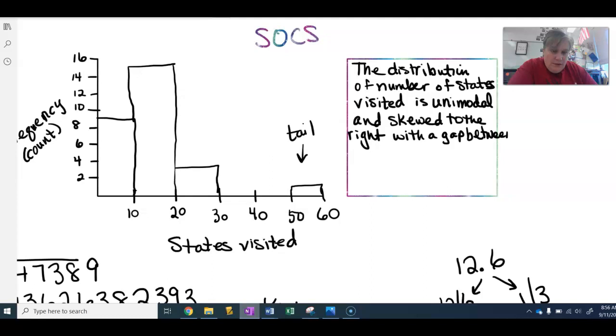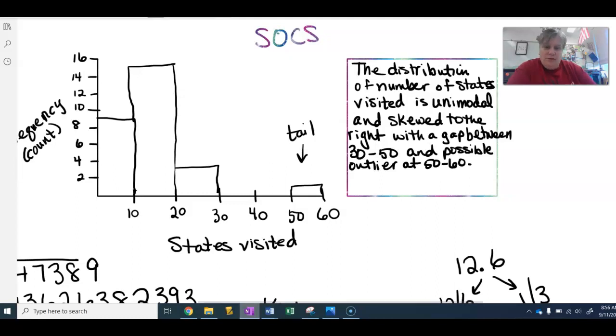Got to write small for sticky notes, and I can't write small on this. Between 30 to 50 and possible outlier. And again, because I don't know for sure on histogram. I know for sure on box plots, but not histogram. Possible outlier at 50 to 60. Okay?